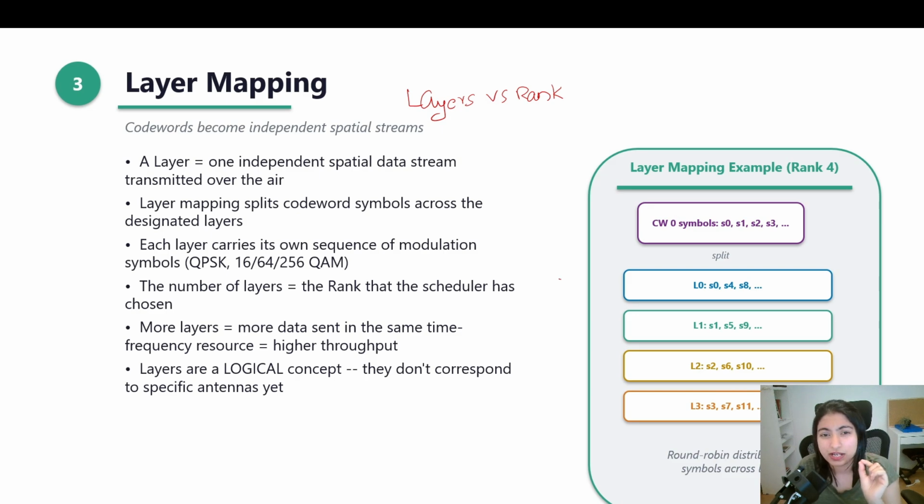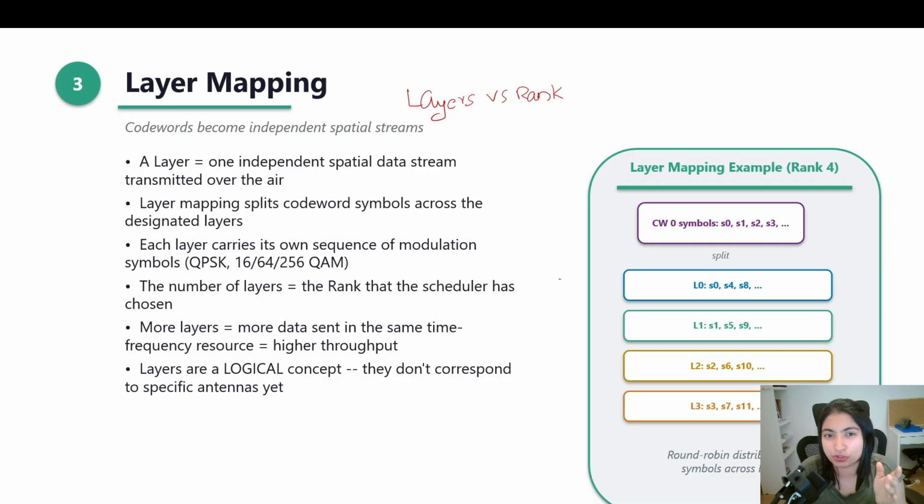Layer represents the actual number of transmission channels that are generated, while rank is the property of the channel. A layer represents the number of spatial streams that the gNodeB decides to transmit in a given PDSCH, for example. On the other hand, rank actually represents the ability of the channel to support these layers.